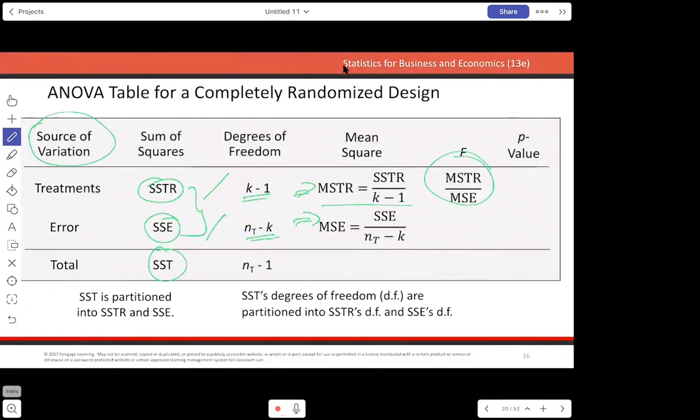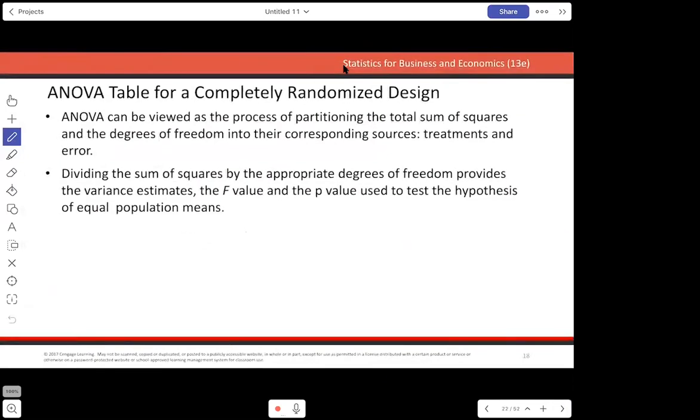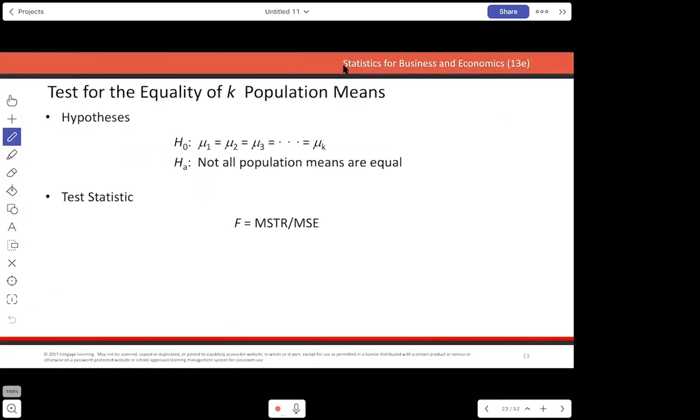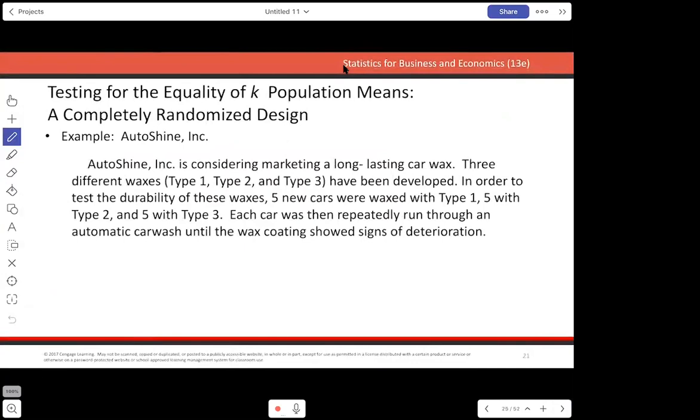Once we get that table, we are able to answer the question whether or not at least one of the means differ, because we'll get the p-value, and that p-value can be compared to alpha, like we've been doing all along. Okay? So we have the formulas that we would use, and I think it's best at this point to get into an actual example.